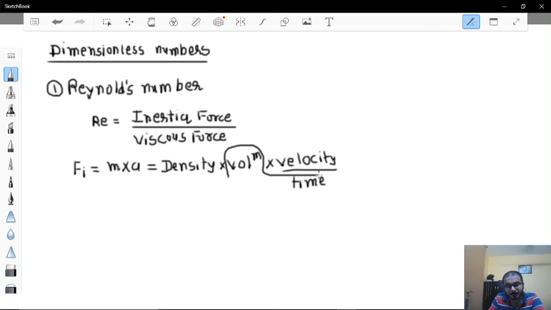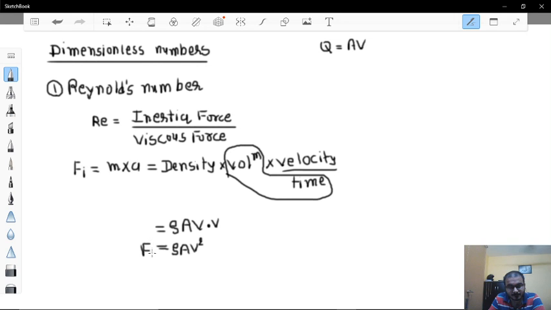Volume upon time gives us the flow rate, and if you recall, Q is equal to A into V, where V is velocity here. So we can write down rho A V into V. So finally we are getting rho A V square, that is the value of Fi.